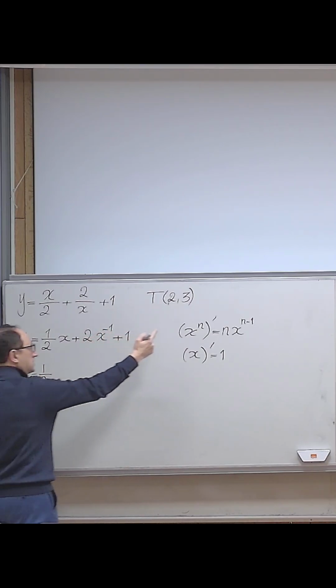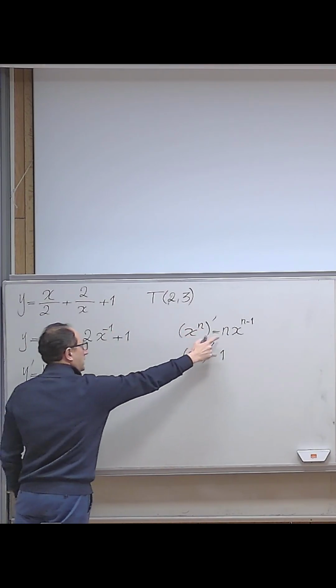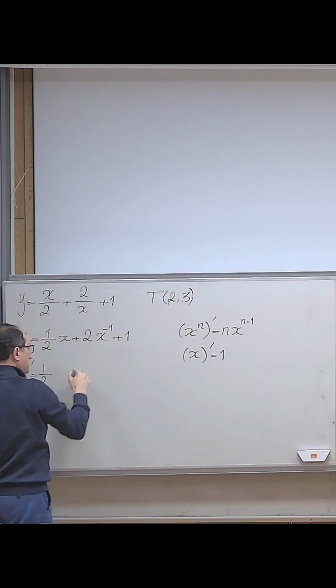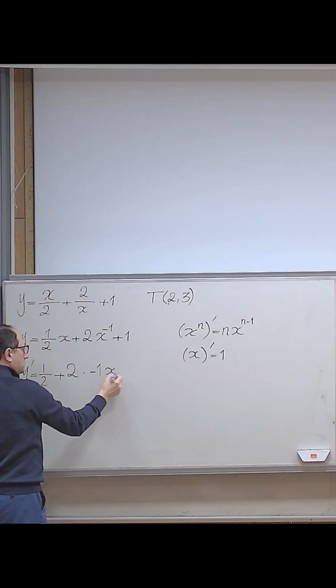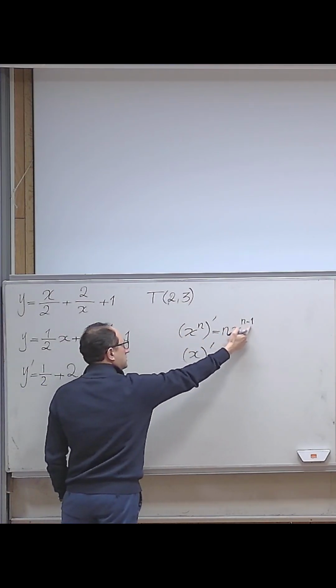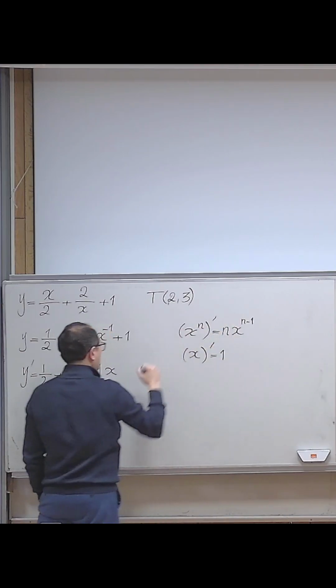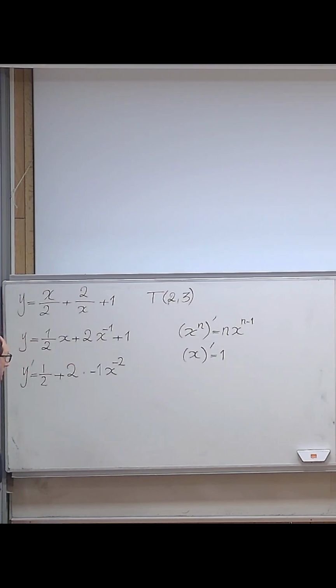This one is this formula in which n is equal to minus 1. So n goes down, it means minus 1 goes down. I have a plus 2 here, minus 1 goes down, and then x to the power of minus 1 minus 1. Yes, because here n is also minus 1, so it becomes minus 2. But the derivative of the constant is 0.